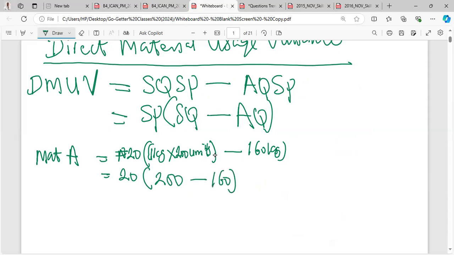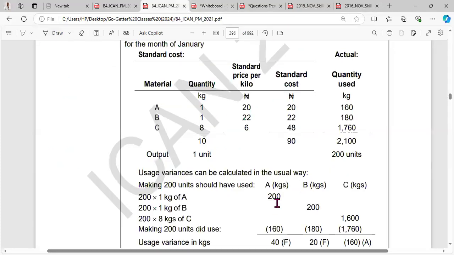This is the same thing as saying 20 multiplied by 200 minus 160 is 40. So 20 times 40 gives you 800. So 800, is it favorable or adverse? It is favorable. So you can see that that's the 800 favorable you have here.